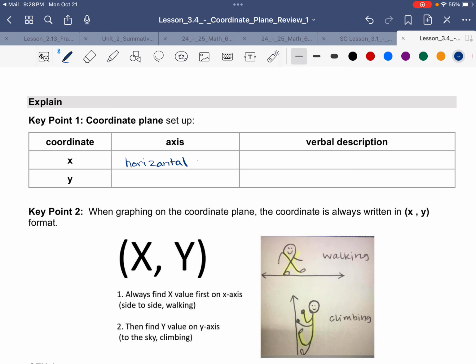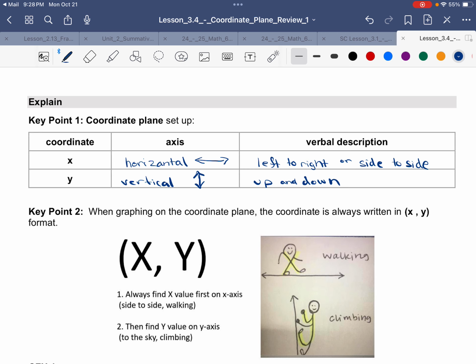So that is our left to right, or side to side. My y axis, that's our vertical, and that is actually our up and down axis.